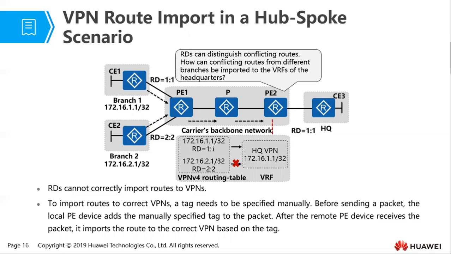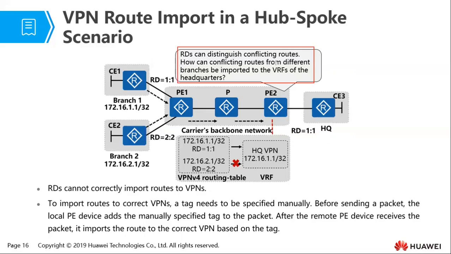So let's look at this particular scenario. Here we have branch 1 and branch 2. We want them to be able to talk to the headquarters. Now, look here. RDs can distinguish conflicting routes in the global routing table.